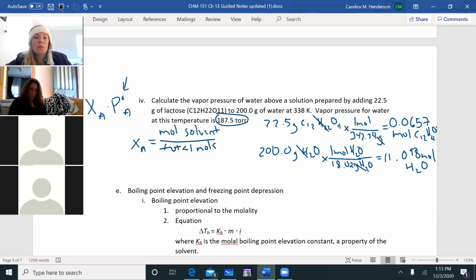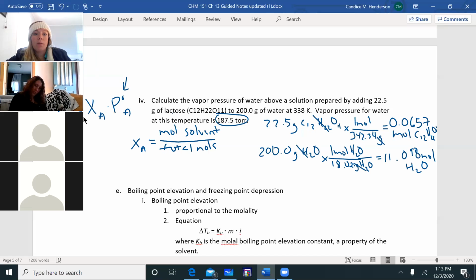So if we want to use this equation, we just got to make sure our values are in moles. So let's find this mole fraction, or our XA value. It's moles of solvent divided by the total moles. So our solvent is the bigger value here. It's 11.098 moles. My total moles, well, I've got to figure that out.